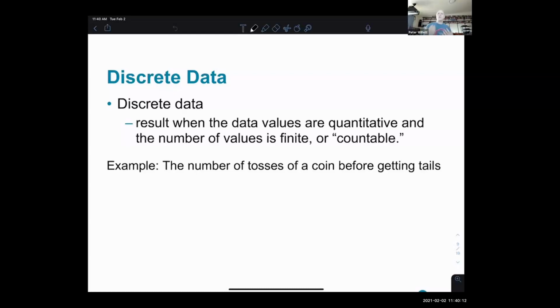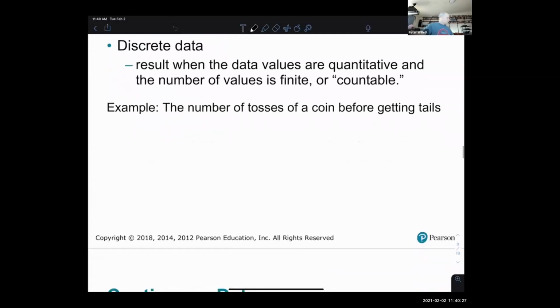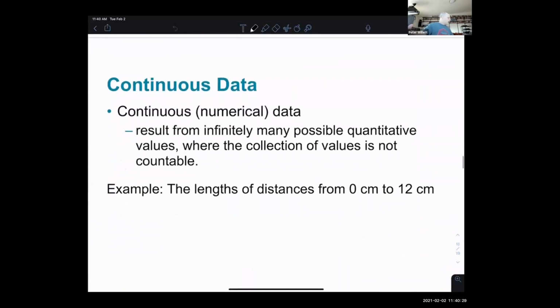Since these are two different types, it's best for us to immediately look at continuous, and then we can use examples and compare and contrast. So discrete data means finite or countable numerical values. Continuous data, on the other hand, is numerical data when you have infinitely many possible values of numerical answers.